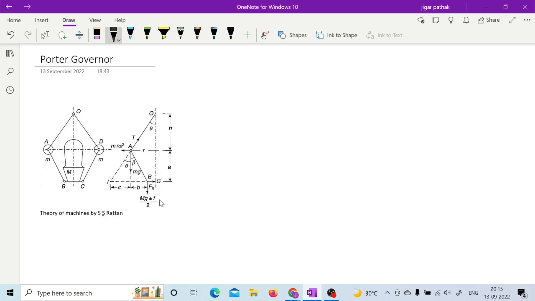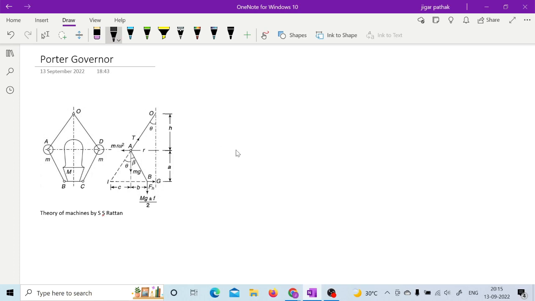When the sleeve is going to move upward, the frictional force is going to help, so at that time it will be mg plus f. When the sleeve is going to move downward, the frictional force is going to work in the upward direction, so at that time it will be mg minus f. So this is how you have mg plus or minus f by 2 acting at the sleeve, and they have considered only the half portion here.